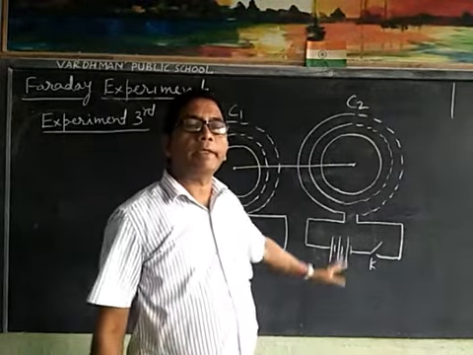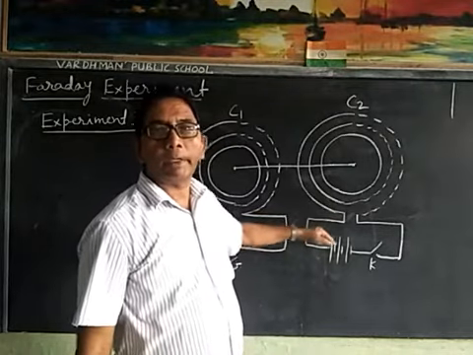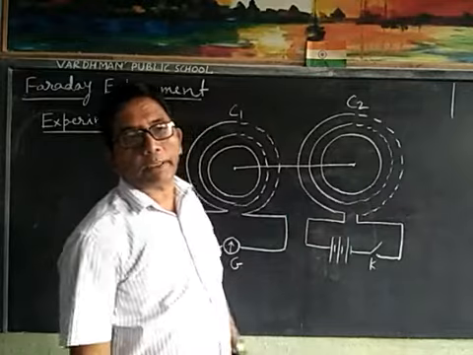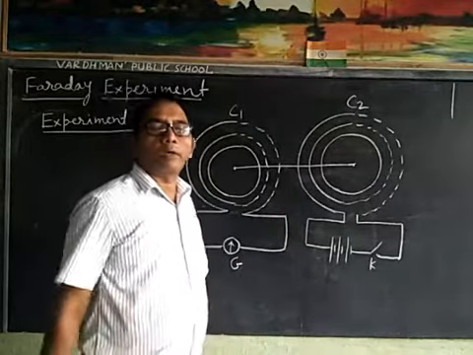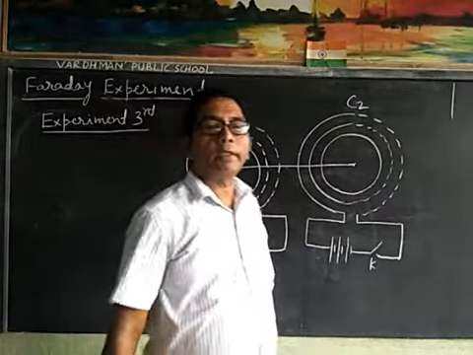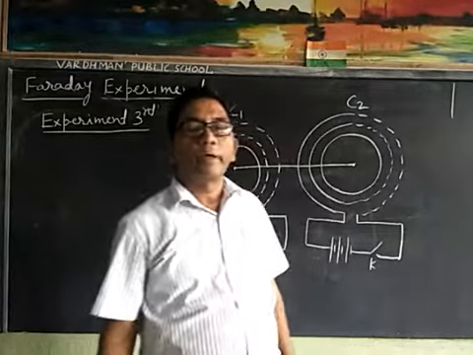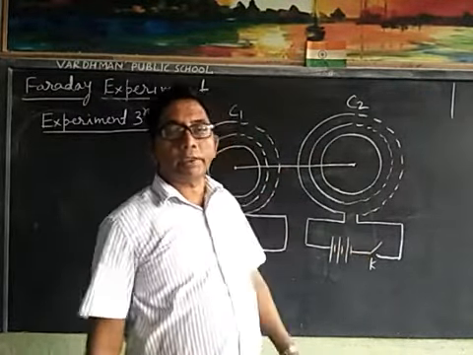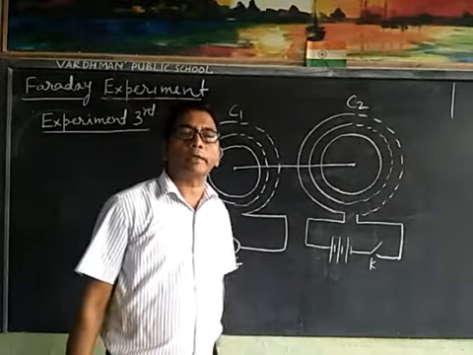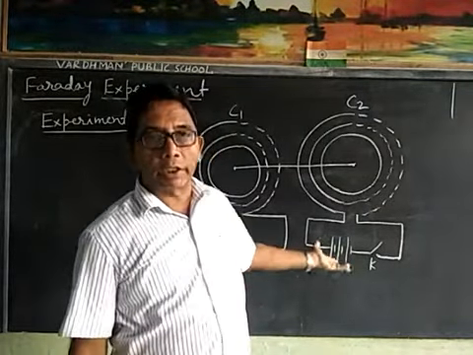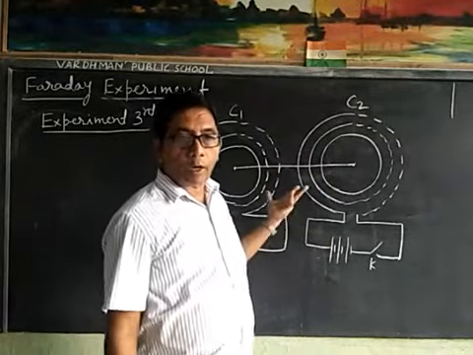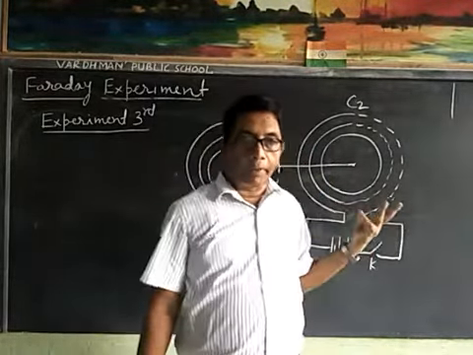When the tapping key is pressed, the galvanometer shows a momentary deflection. When the tapping key is pressed continuously, there is no deflection in the galvanometer. When the key is released, the galvanometer again shows a momentary deflection.